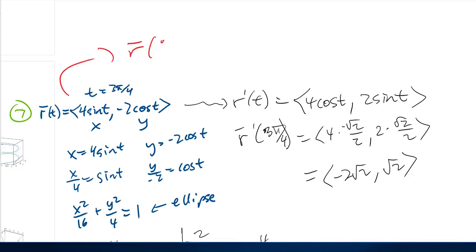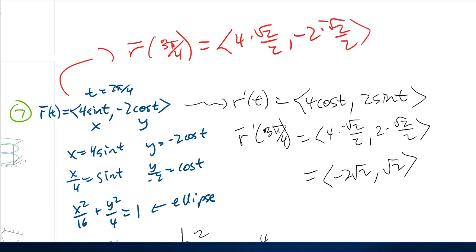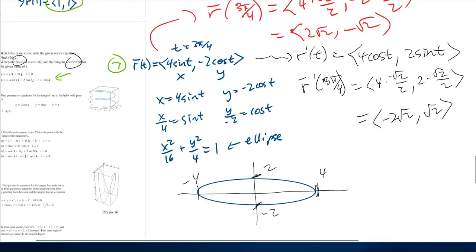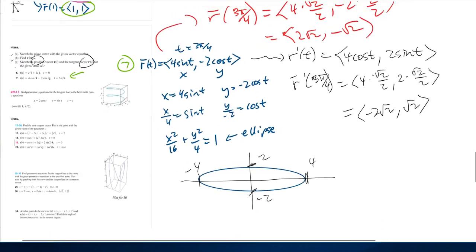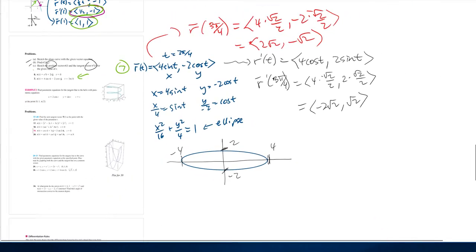R of 3 pi over 4 will be 4 times √2 over 2, comma, -2 times √2 over 2, that's negative. So this gives me 2√2, and then -√2. Okay, at 3 pi over 4, we go over 2 root 2 and down root 2.